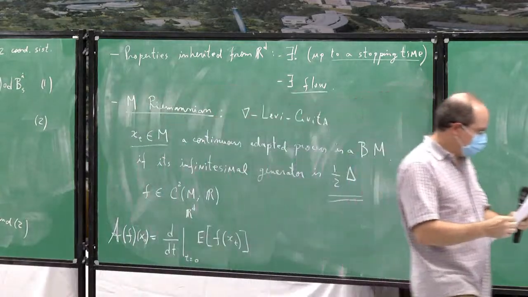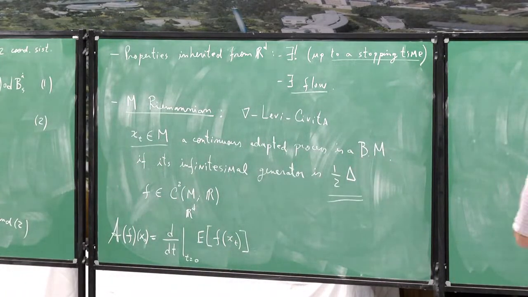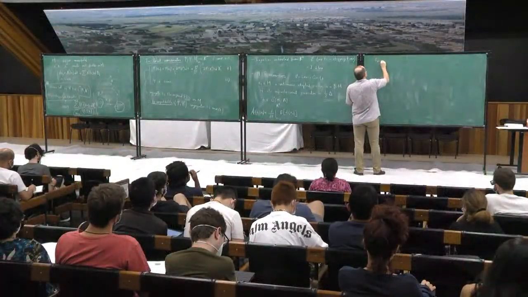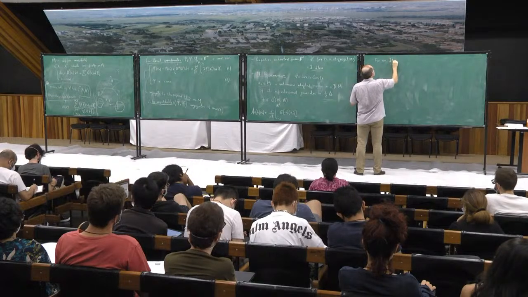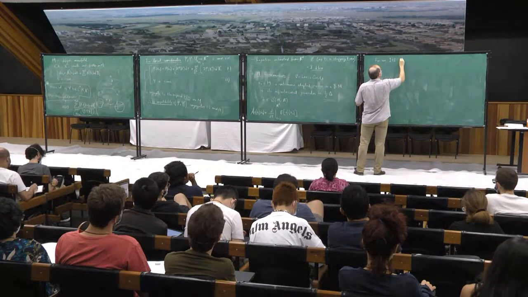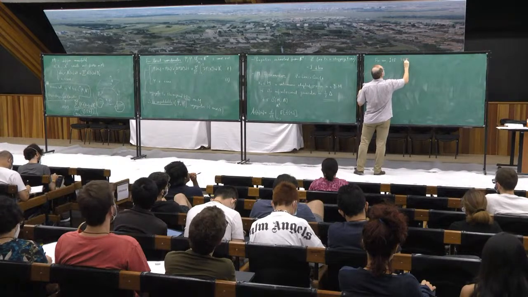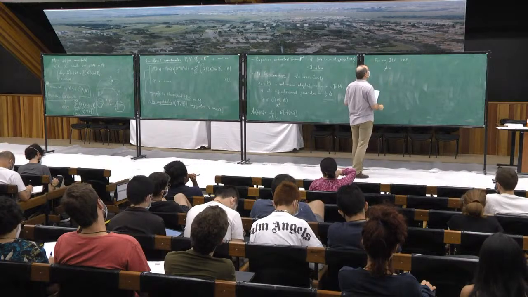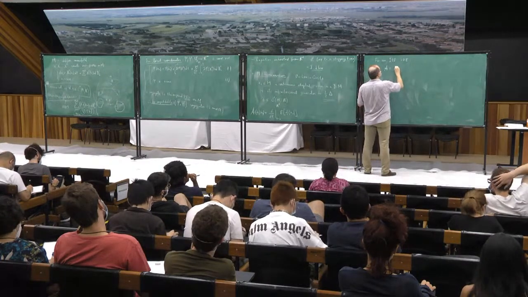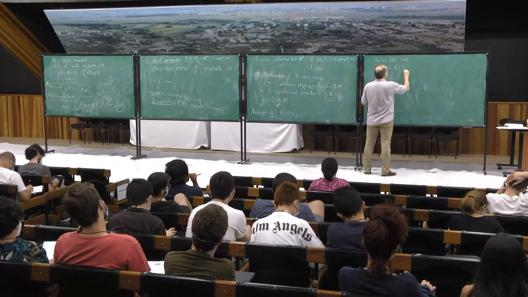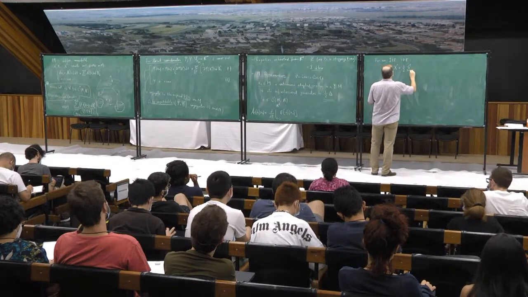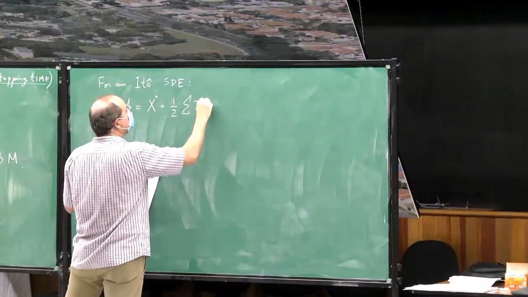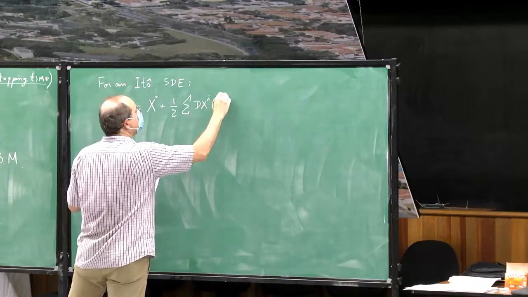I give you just a formula: for an Ito stochastic differential equation, the infinitesimal generator equals X0 plus half the sum of X_i X_i.